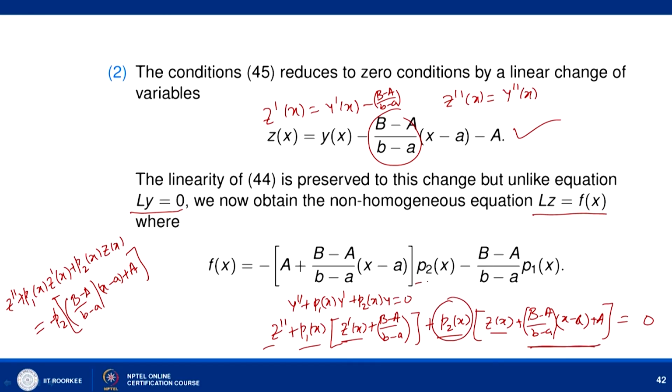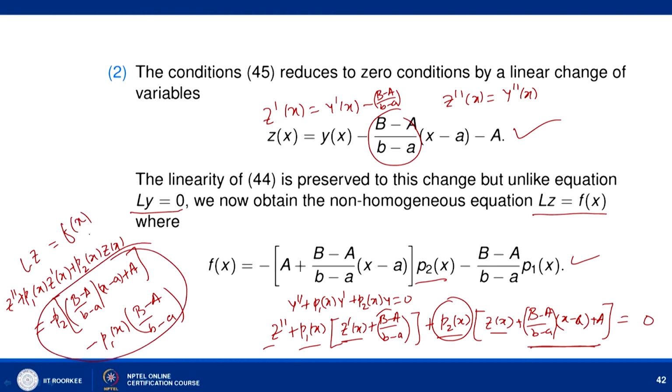So minus p2 into what is within the bracket, and minus p1 x, we are now considering this term p1 x and (B minus A) upon (small b minus small a). So that is what we have written here. It means that now our problem is this, this is Lz, and we call this quantity some function of x.